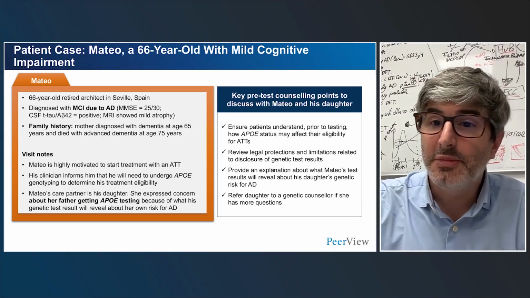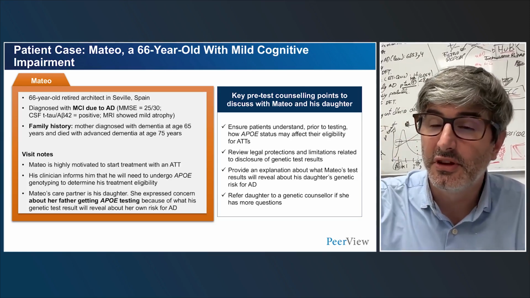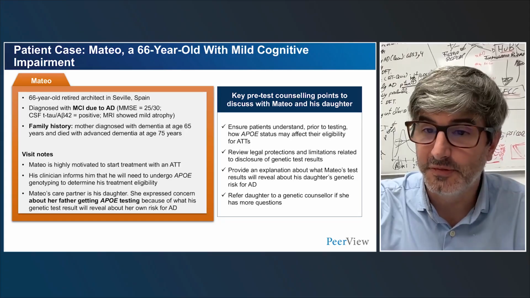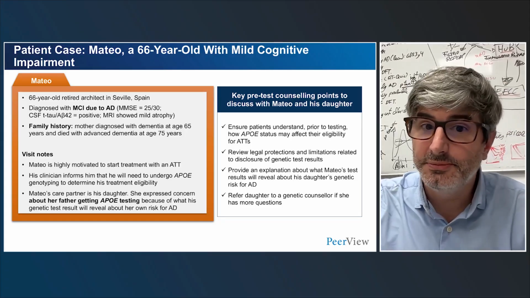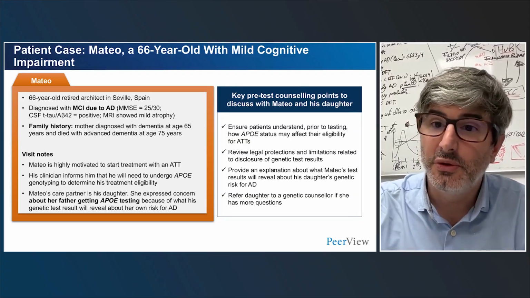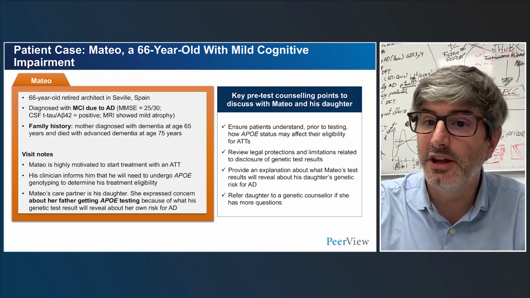And I think that in the right part of the slide, you can see the key test counseling points to discuss with Mateo, but also with his daughter. We need to ensure that the patients understand, prior to testing, how the APOE status may affect their eligibility for anti-amyloid therapies.